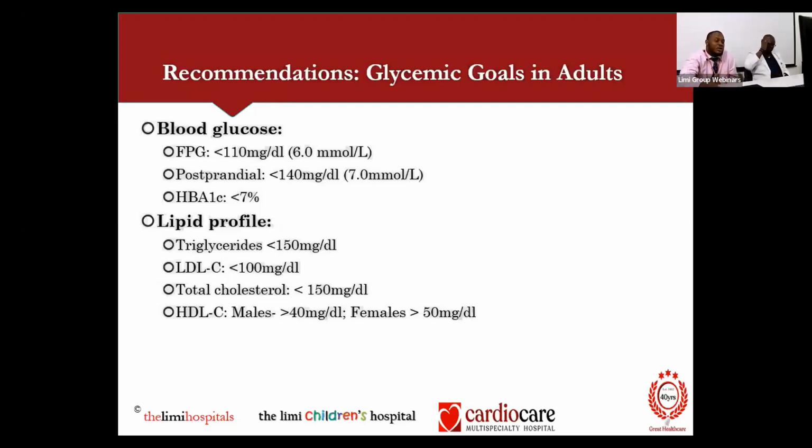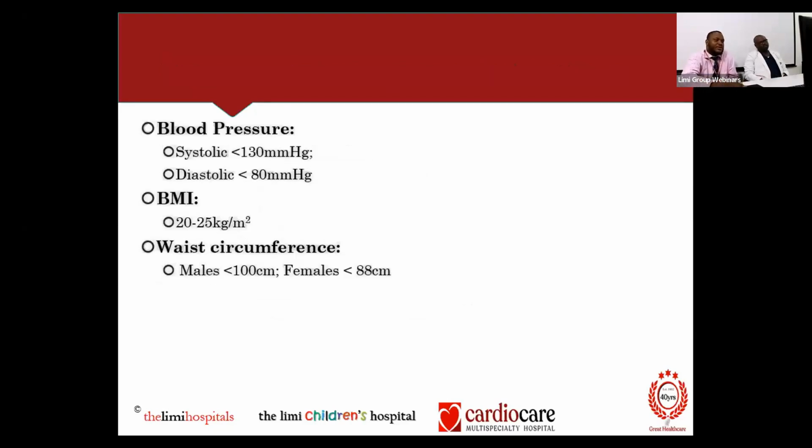For the HDL cholesterol, we aim for more than 40 in males and more than 50 in females. For blood pressure control, the international standard target is less than 130 over 80 millimeters of mercury: systolic less than 130, while diastolic less than 80.